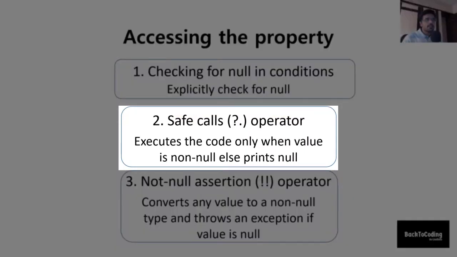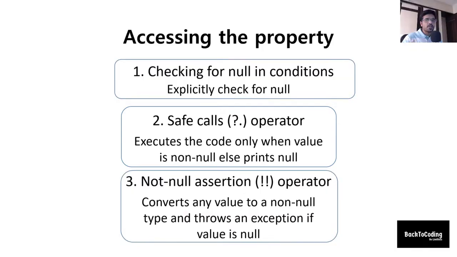The safe call, which is a question mark with a dot, runs the line only when the value is not null, else it prints null. So in our previous example, the lengths for the thought and another thought variables will only be printed if they are not null, else null will be printed. Let's see the magic.